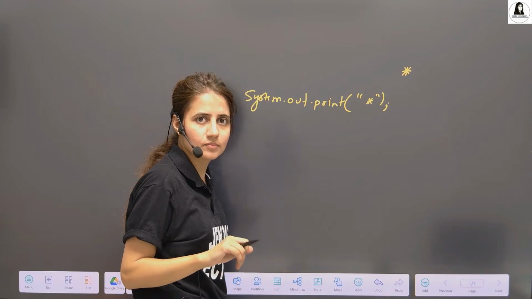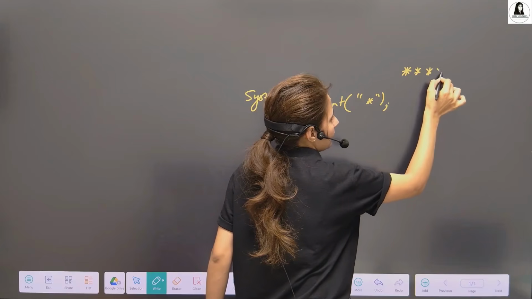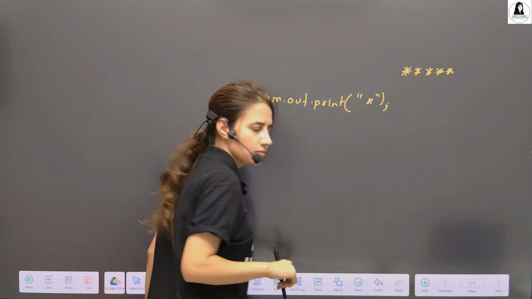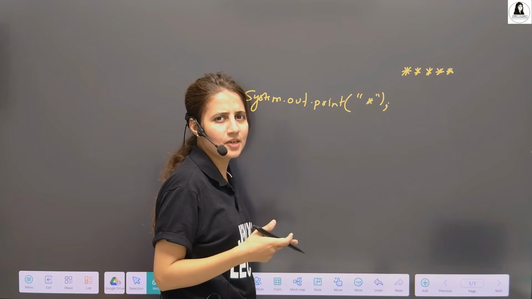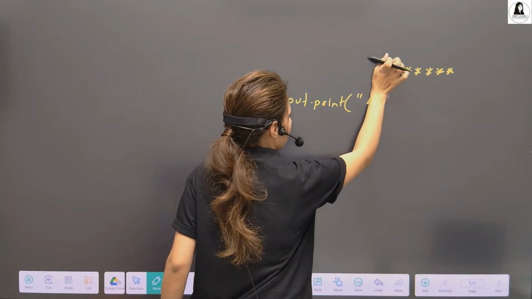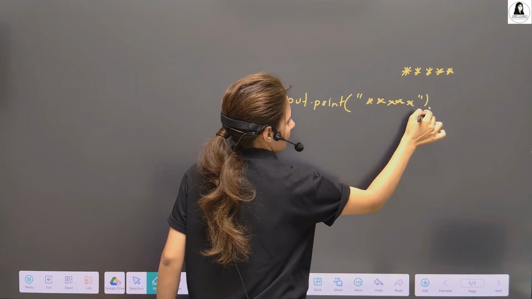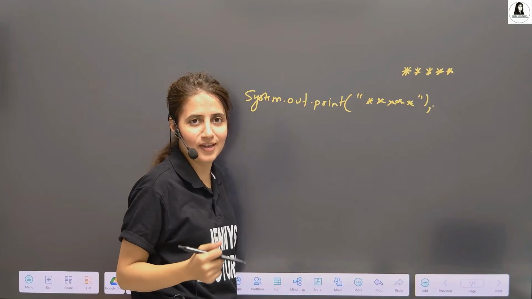That's it. Simple. If I say let's print 5 stars here, you will say, ma'am, that's very simple. Rather than this, I can do something like this: 1, 2, 3, 4, 5. That is one way. Okay, fine.